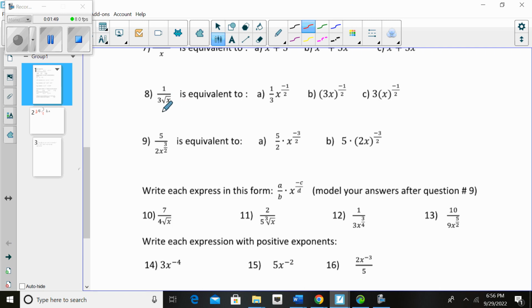So again, we want to think of this as two separate things. We have our constant, which is our 1/3, being multiplied by 1 over radical x. It's only the radical x where we would have x to the 1/2 in the denominator, and then of course we bring that upstairs as x to the negative 1/2.